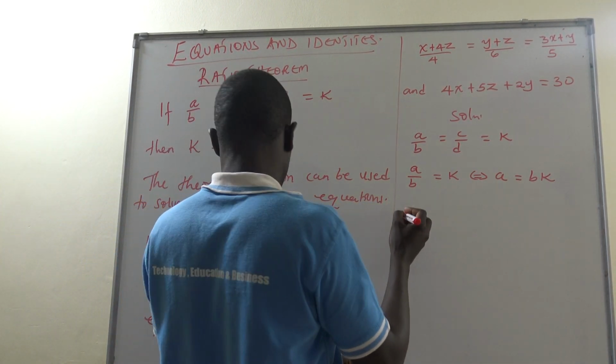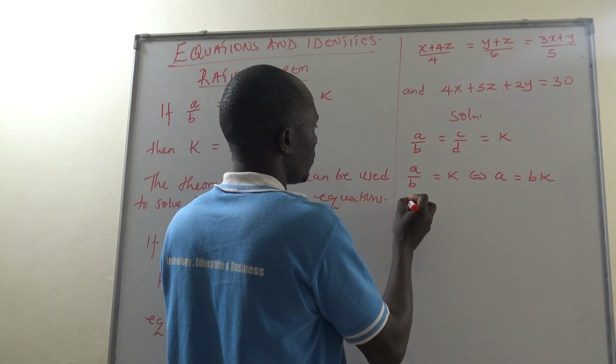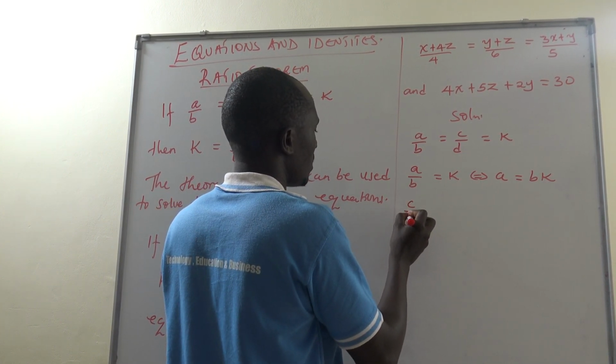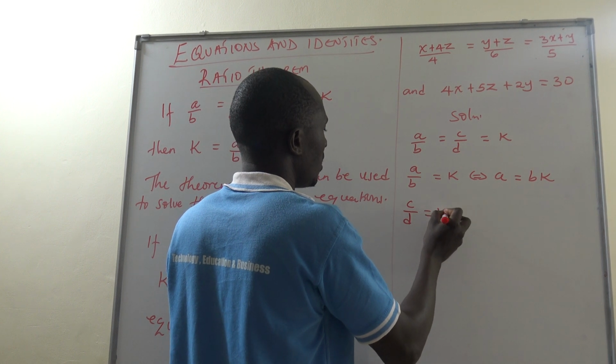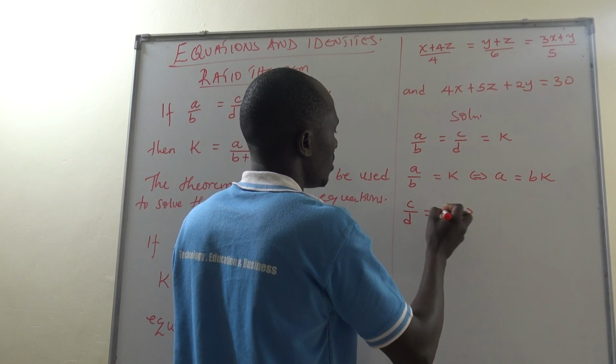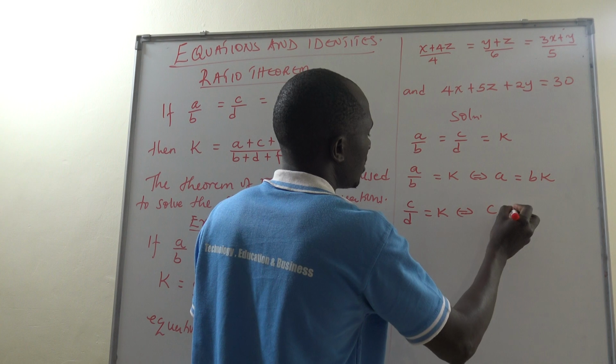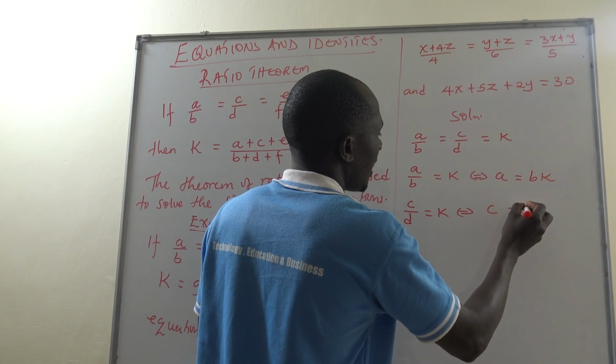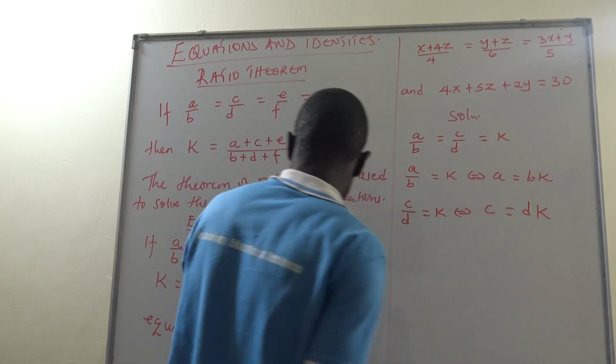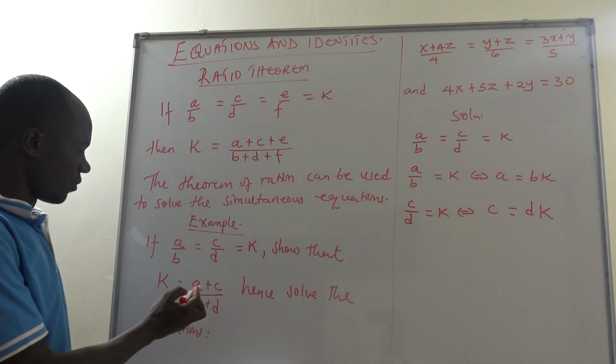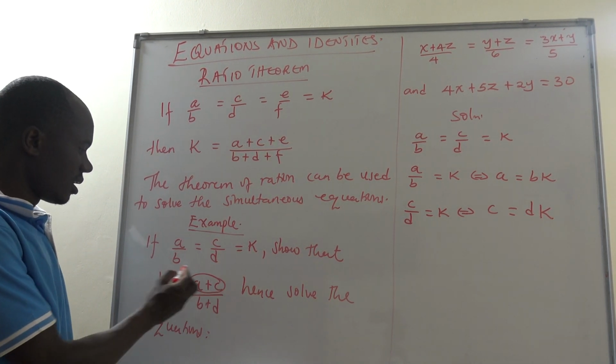So also C out of D equals K. This implies that what is our C? Our C equals DK.